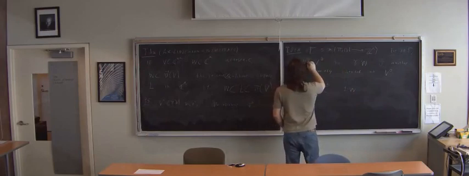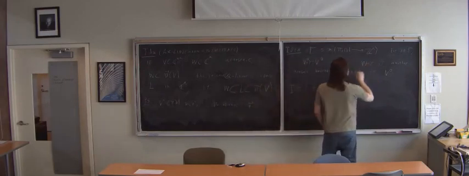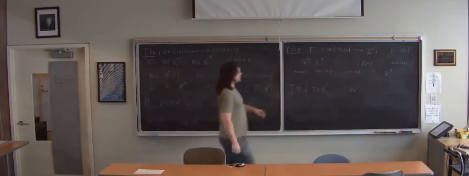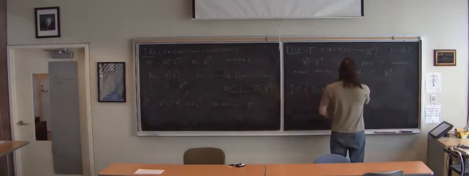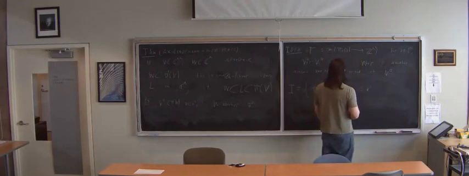I'm confusing myself otherwise. The monodromy group does act by translation. Let me just do that. Such that W plus t is contained in V naught.